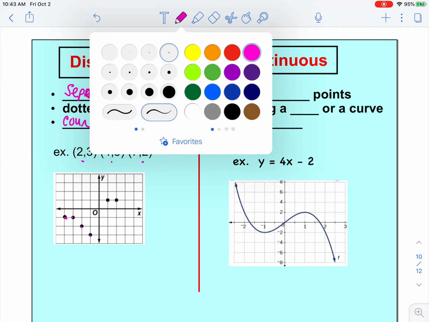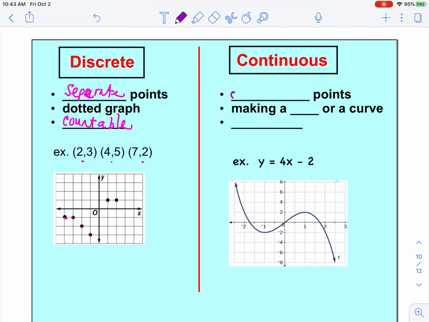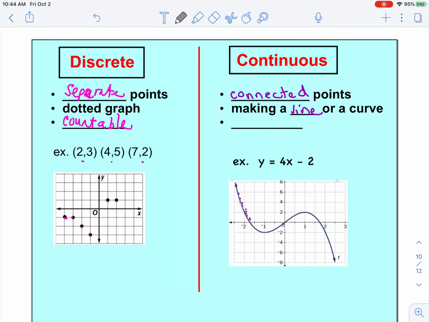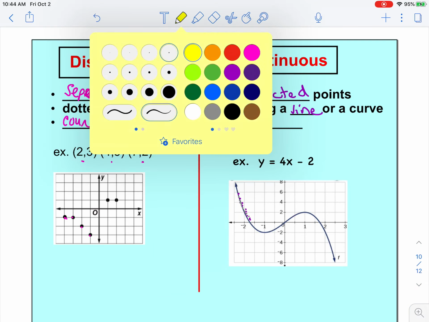Now that's different from continuous, where you have connected points, making either a line or a curve. And now we can't really count. There's an infinite number of points, and even between these points, there's an infinite number of more points on this graph.